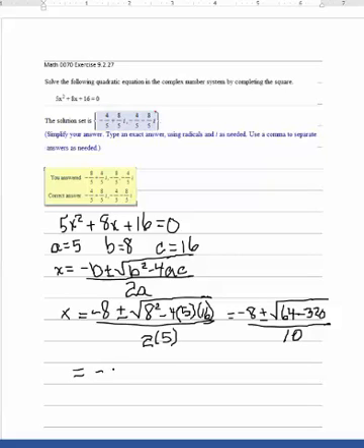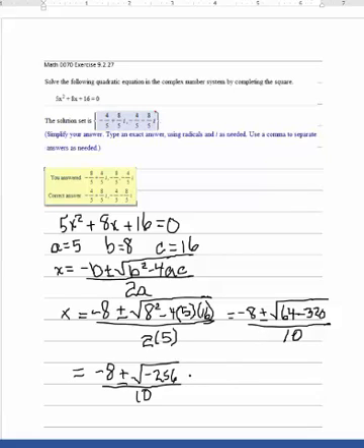So I have negative 8 plus or minus the square root of negative 64 minus 320, which is negative 256. I divide that by 10.